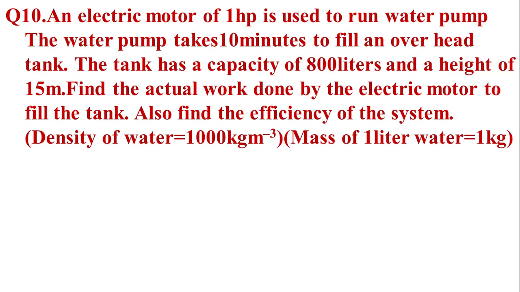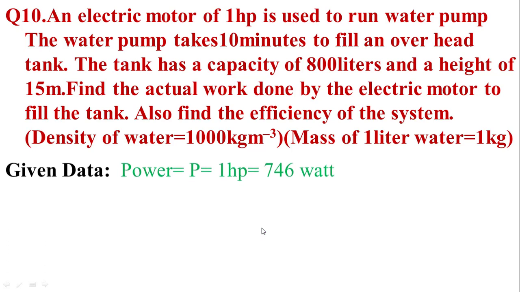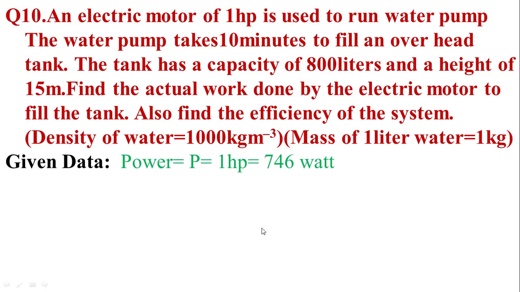Here, density of water is equal to 1000 kilogram per meter cube and mass of 1 liter is equal to 1 kg. So, first of all, write the given data. Power P is equal to 1 horsepower and 1 horsepower is equal to 746 watt. Now, time t is equal to 10 minutes.